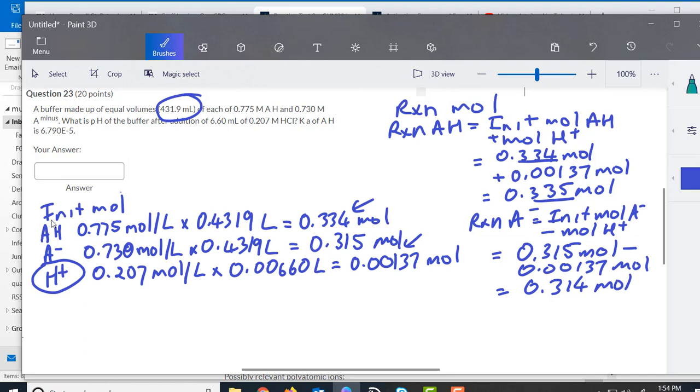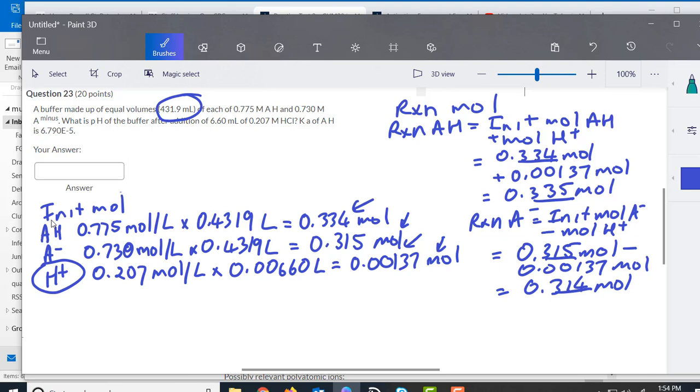Again, 3 decimal places, 3 decimal places, that's 5 decimal places. So the answer comes out to 3 decimal places. And you can see what we've used here is this specific one for the A minus, and then this one for the moles of H plus again.